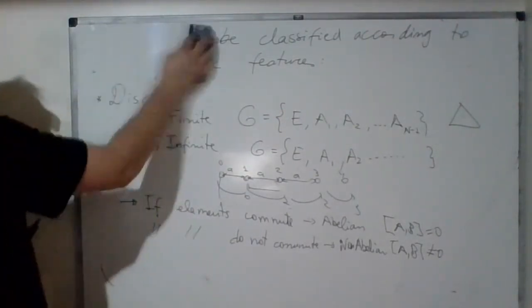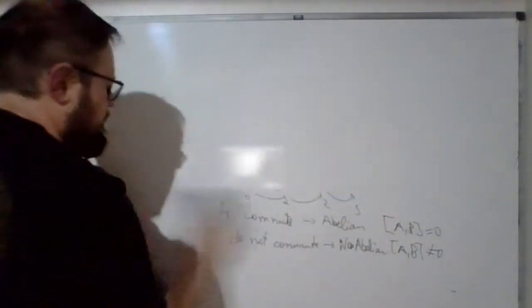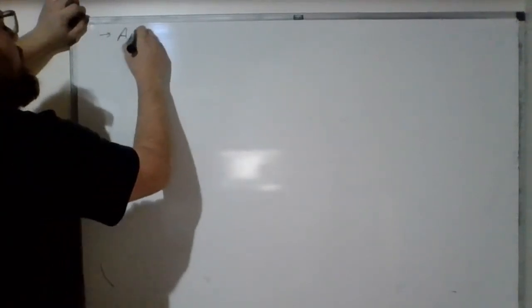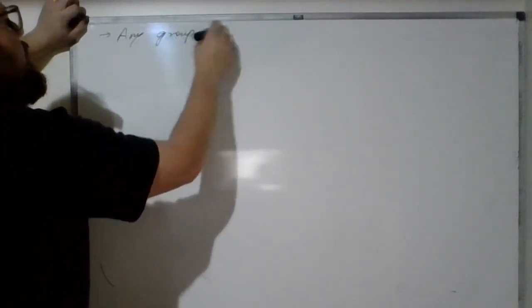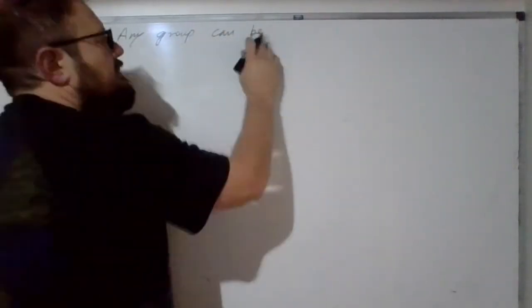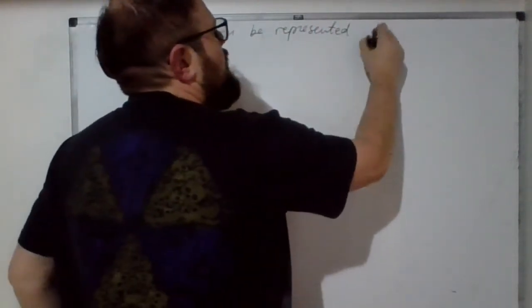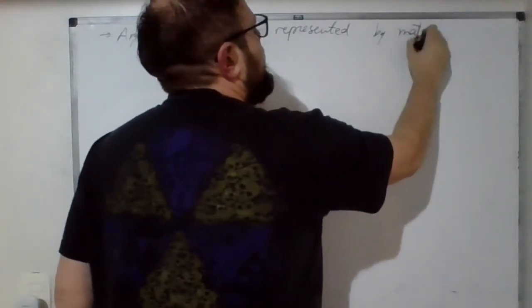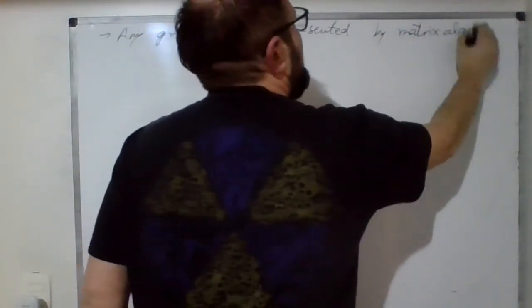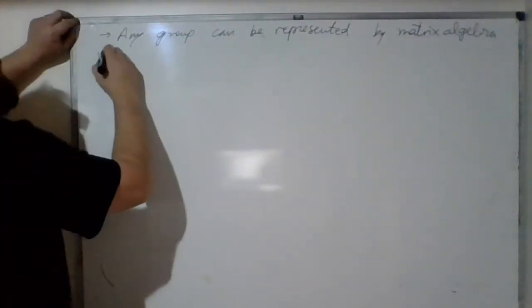Also an important, without proof, an important theorem in group theory is that any group can be represented or can be mapped by matrix algebra, by matrix algebra with multiplication.